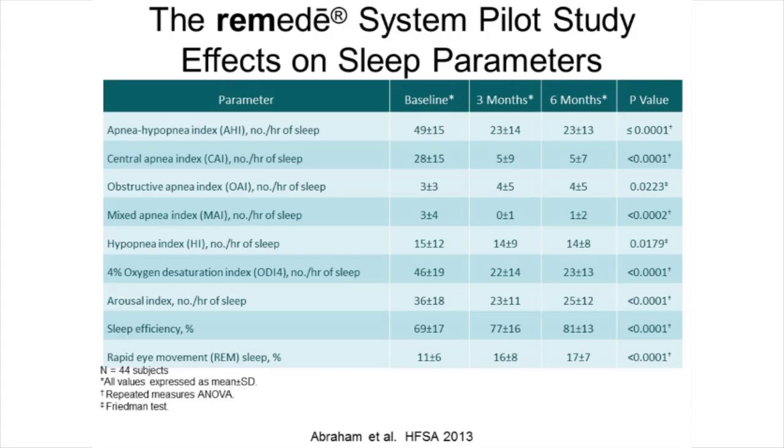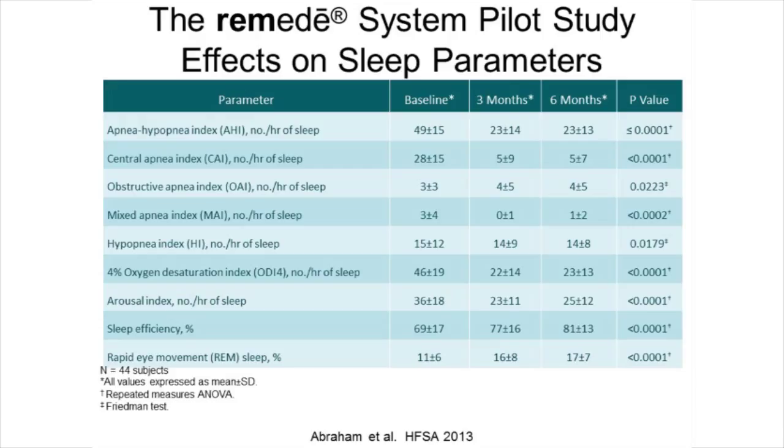You can see that there was a drastic reduction in the apnea-hypopnea index and in the episodes of central sleep apnea. But what was even more interesting to us was that there was a drastic reduction in arousals and a near reduction by 50% of the oxygen desaturation by 4%, associated with improvement in functional capacity.